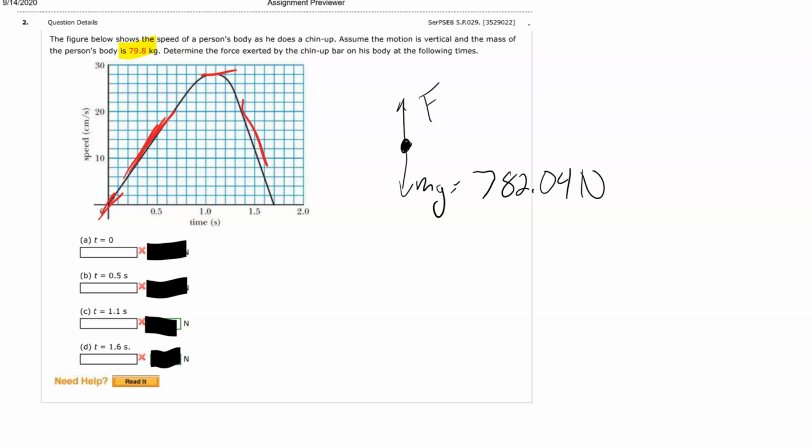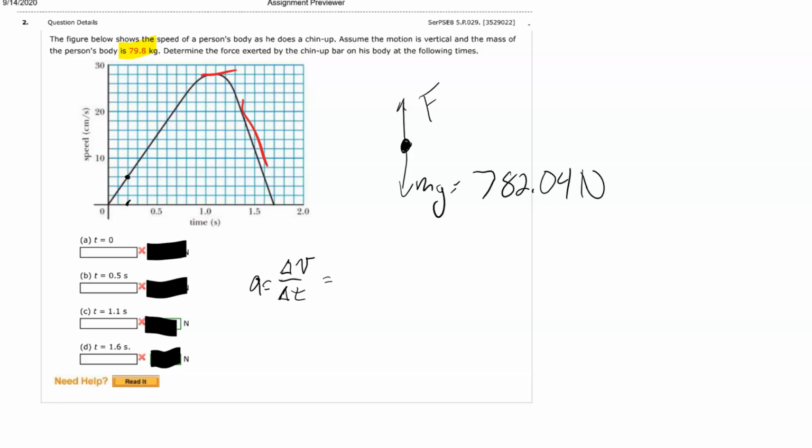At the beginning, we have to look at the slopes for each of these parts. At time t equals 0, this person's speed is changing, and we've got this slope right there, which is going up by 6 centimeters per second in 0.2 of a second. If you remember, acceleration is equal to the change in velocity over the change in time. You can write this as a derivative definition instead, but since it's a constant slope here, we can just use the simple definition.